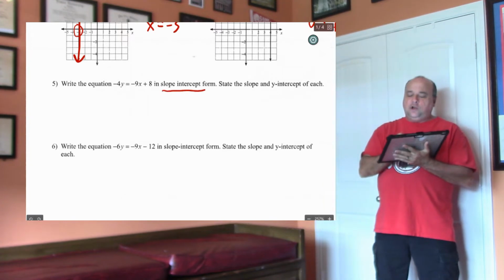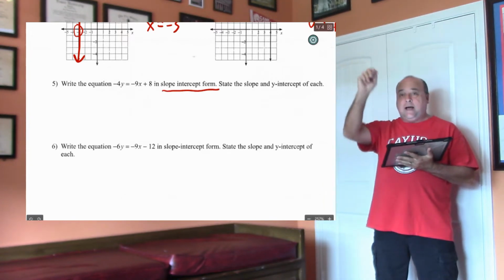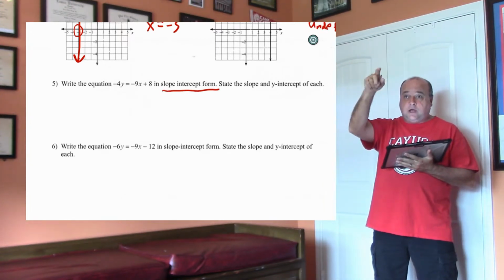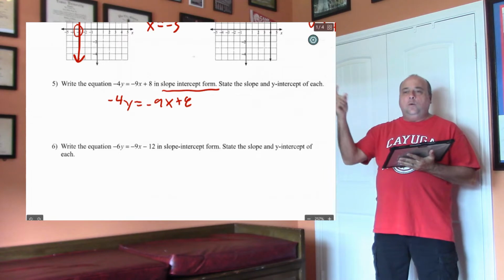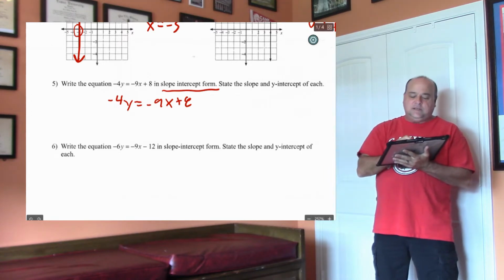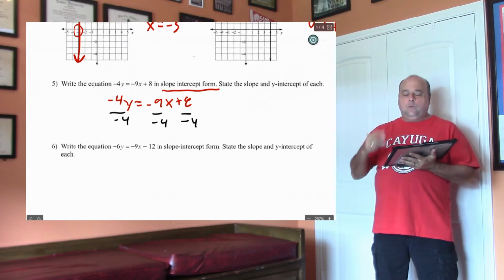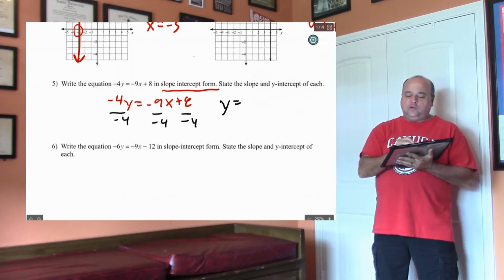This is important. You've got to be able to solve for y. You've got to be able to solve for y. So on this one right here, -4y equals -9x plus 8. All we have to do to solve for y on this is divide by -4. And when we do that, we'll get y equals, 2 negatives make a positive, 9/4x minus 2.